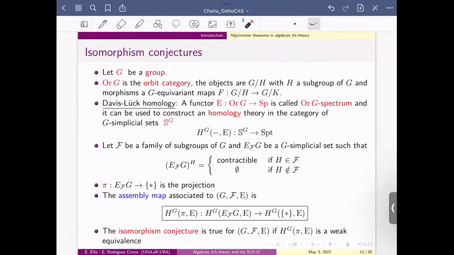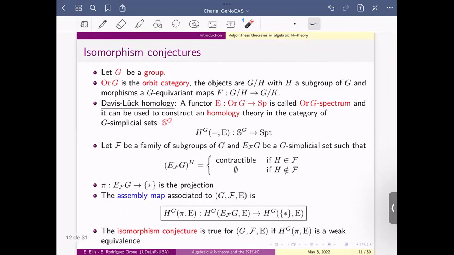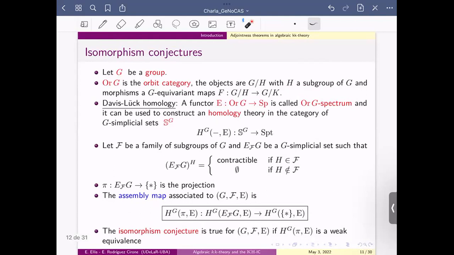Then, what is the language of the isomorphism conjecture in the sense of Davis-Lück? We have a group. We have the orbit category of this group, whose objects are G mod H, where H is a subgroup of G. And morphisms are equivariant maps, and the action of G is the multiplication on the left side.